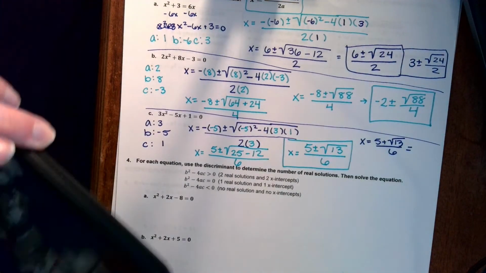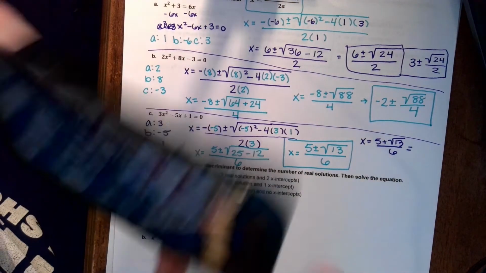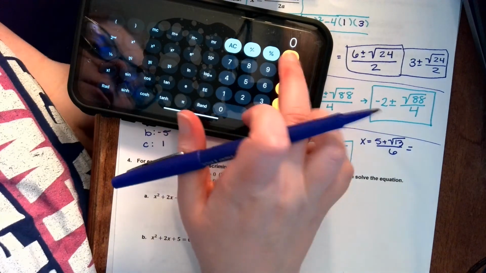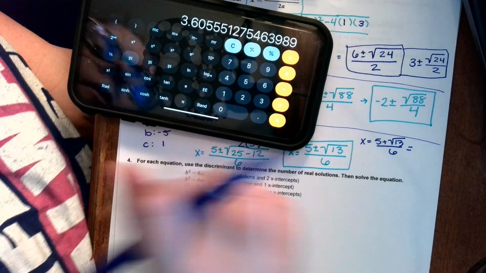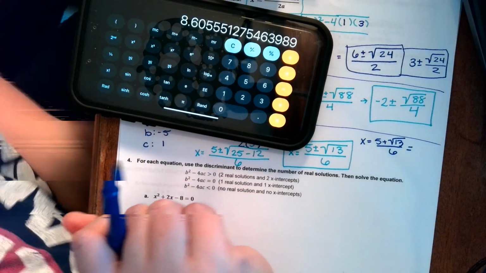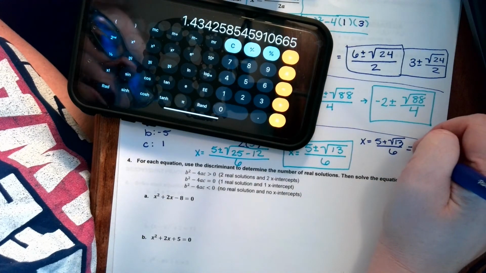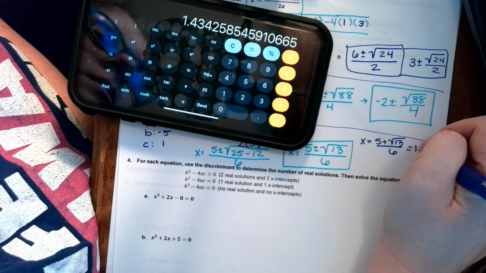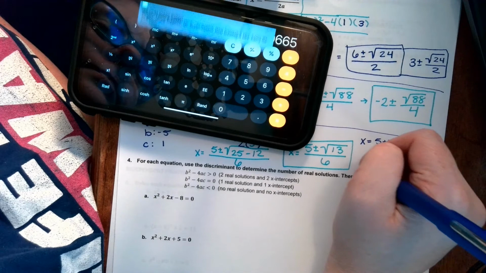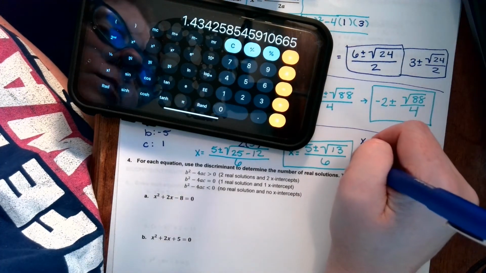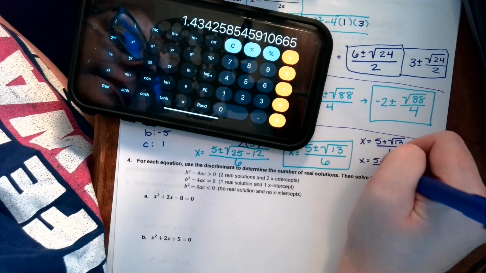And let's see, what does that give us? 5 plus square root 13 is 8.6 blah blah blah divided by 6. 1.434. Oops. And then we'll also do x equals 5 minus square root 13 over 6.